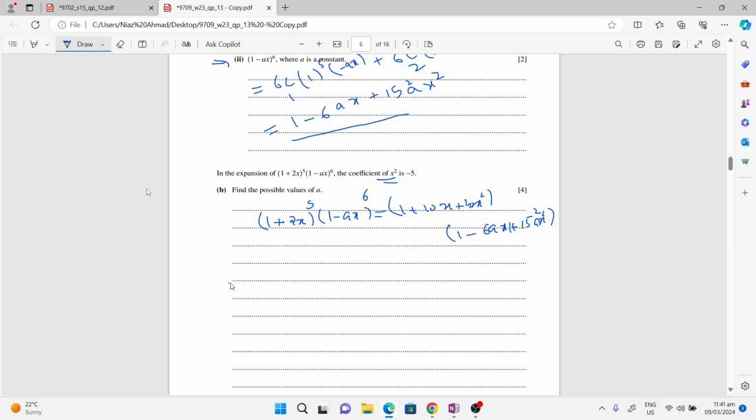So what are you doing over here? How do we get this value, the negative 5? Because everything must be equal to negative 5. You need only the concept of selective multiplication. Remember this.